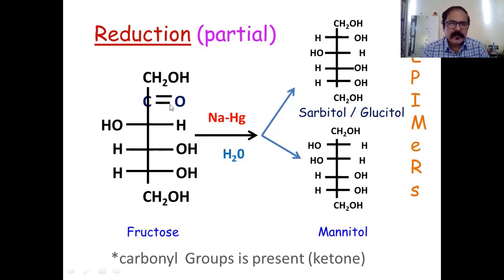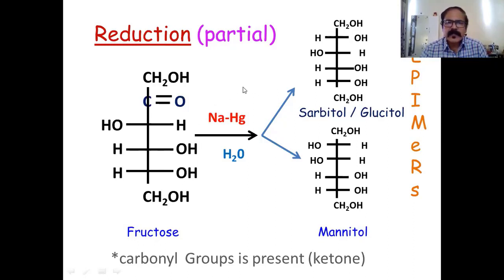This oxygen can be pushed towards the left hand side or it can remain on the right hand side, depending on the reaction. So two compounds are formed when sodium amalgam reacts with water. If you take this hydroxyl group on the right hand side, the total molecule will be the same. The only difference you can see is at the second carbon. This is the first carbon and this is the second carbon.